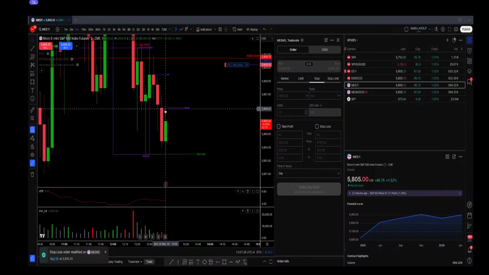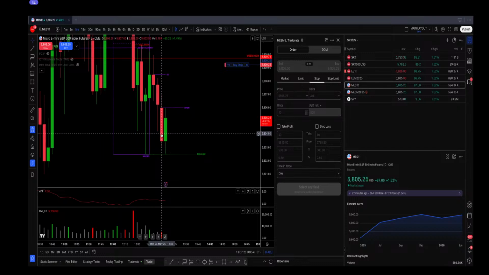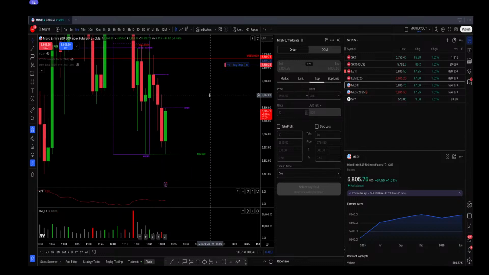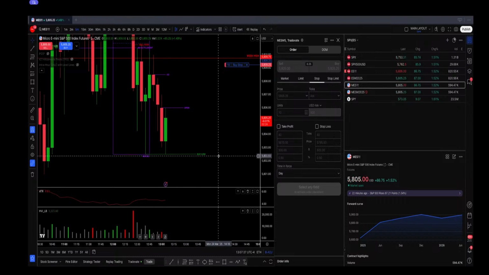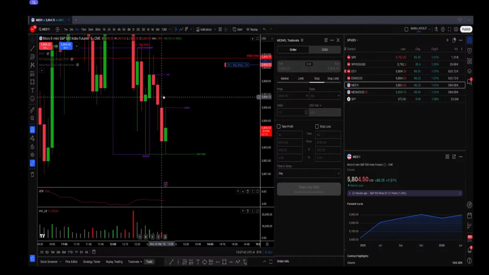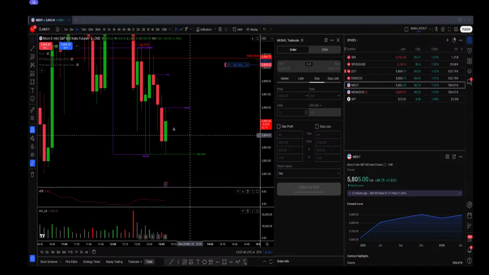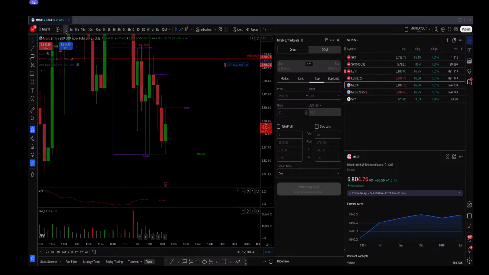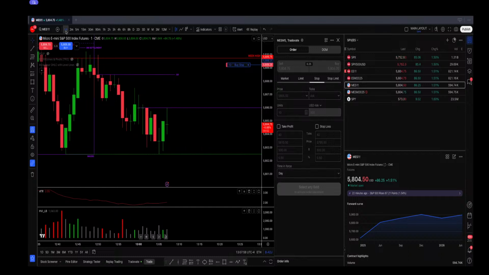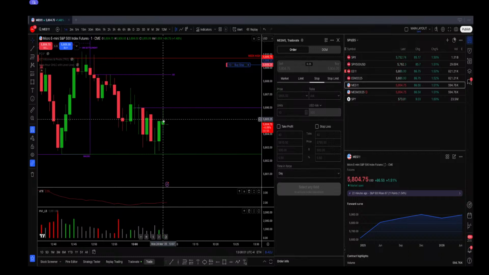Let's see if they officially turn this 5-minute into a continuation of this sell candle. They're holding this. That's clearly more premium. They clearly snagged the premium of it. Got 2 minutes left in this 5-minute. It added volume here.